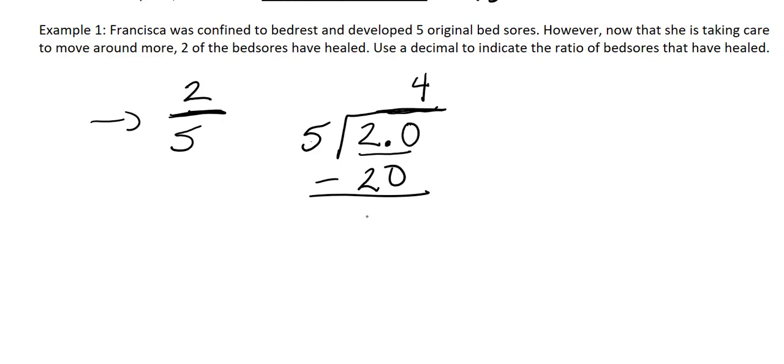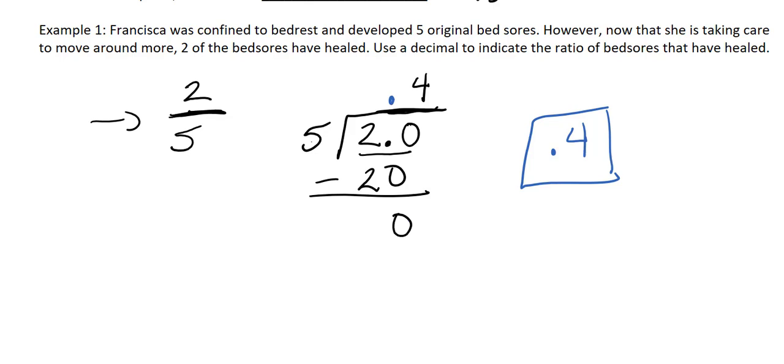We subtract, ignore the decimal, and we get 0. Now we can bring that decimal straight up, and as this is 0, we're done. So the decimal is 0.4.